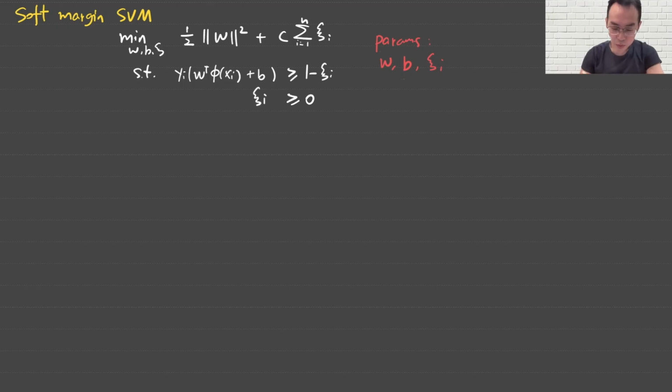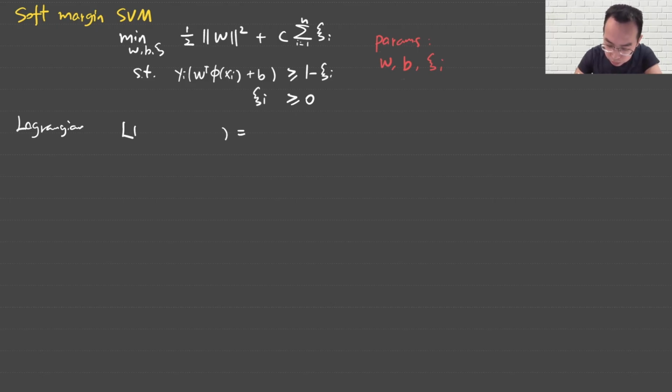So the first thing that we can do is to write out the Lagrangian. We just combine the minimized term with the constraint using a multiplier. That gives us the Lagrangian. Let's just define this as L. Then let me just write the parameters later.